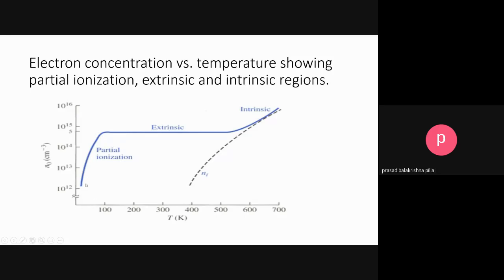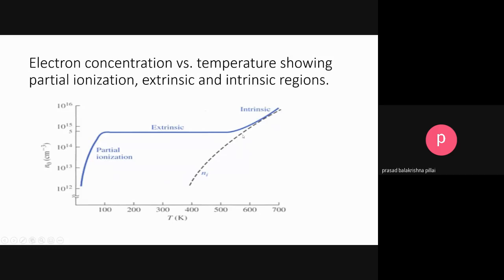Then as we increase the temperature, the impurities will start ionizing and start contributing electrons. This region is popularly known as the extrinsic region, because most of the impurities are ionized, so the conductivity or the carrier concentration is decided by the dopant actually. In the conductivity plot also, this region is known as the extrinsic region.